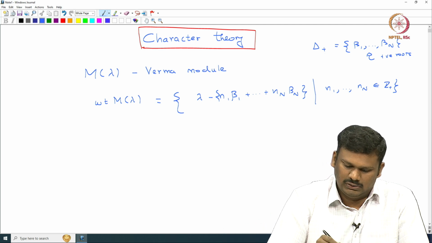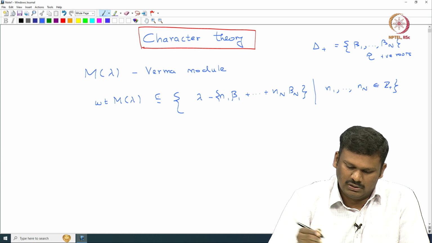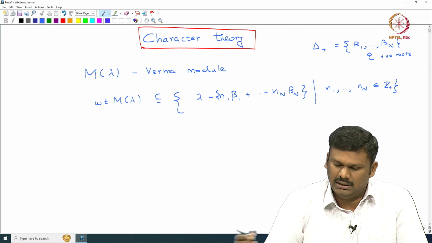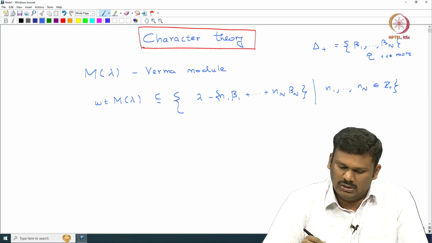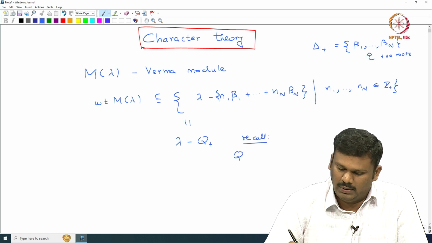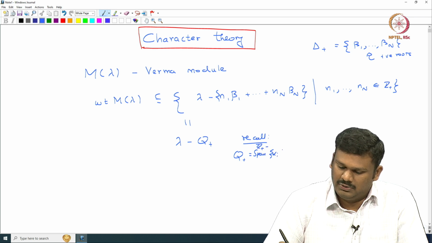But for the motivation, it is enough to see that the weights of M of lambda is contained in this set. So, this is just a cone that is bounded above by lambda. So, this is indeed lambda minus Q plus. So, recall what is Q plus. So, Q plus is nothing but the span of Z plus span of the simple roots alpha i from 1 to n.